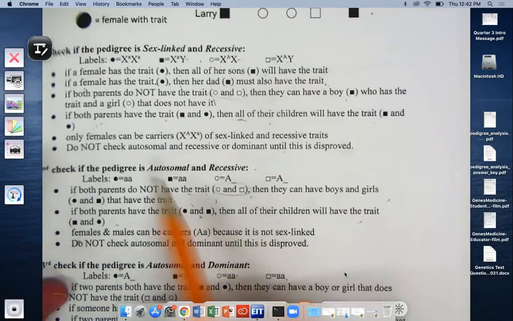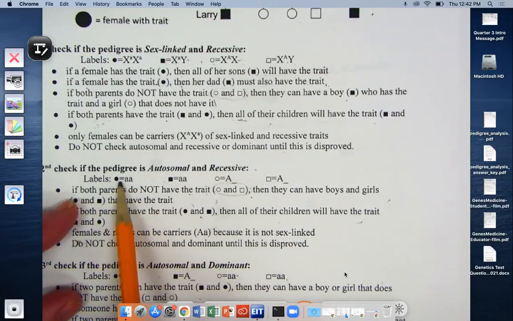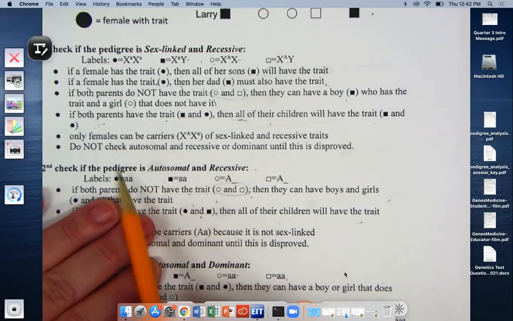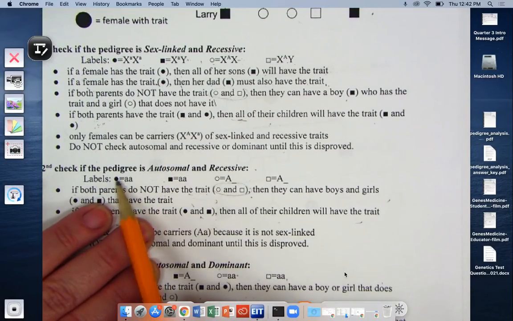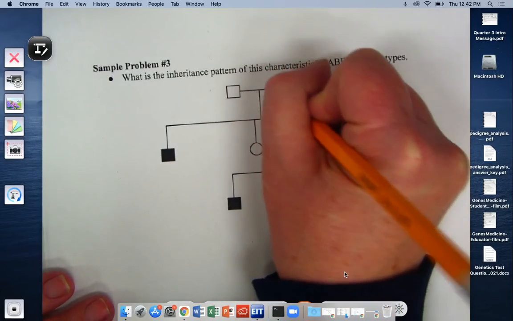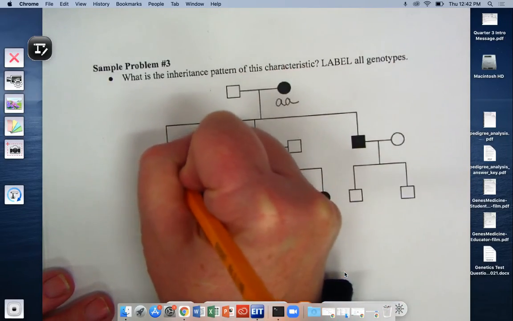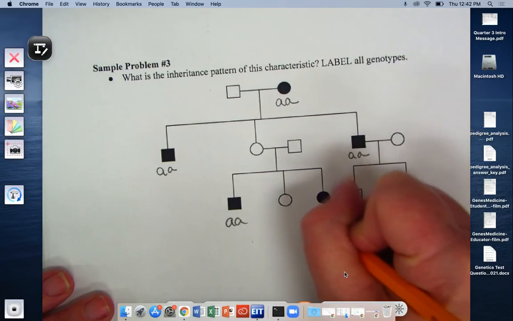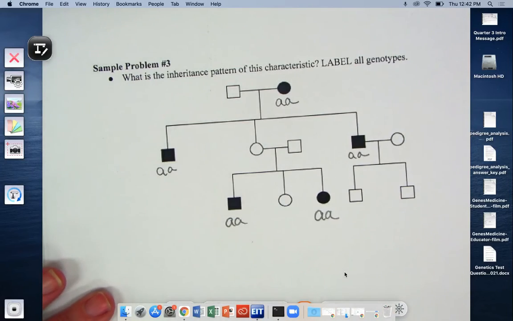And then again, I'm going to fill it out the way it says. So this is the opposite of the dominant, right? If they have the trait, they're going to be homozygous recessive. So I'm going to find all the ones that have the trait, and I'm writing homozygous recessive.